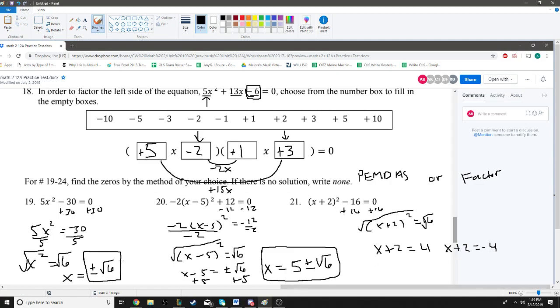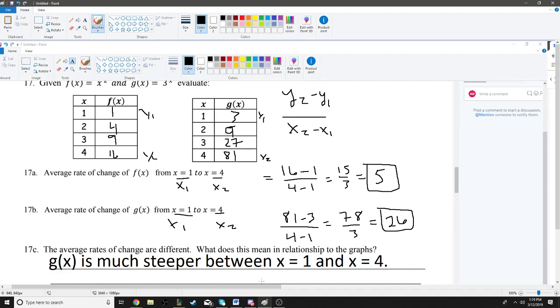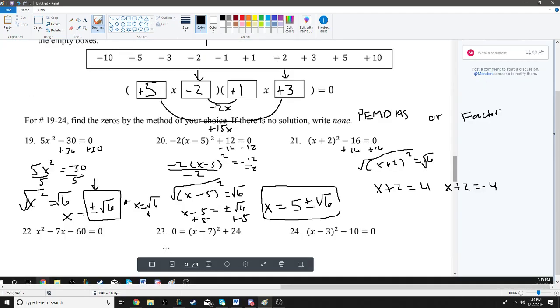Now, when I gave your answers for 19 and 20, I actually gave you guys 2 answers. Okay, this is a positive answer and a negative answer. Your answer is both a positive root 6 and negative root 6. You also could write this as x equals root 6 and negative root 6.